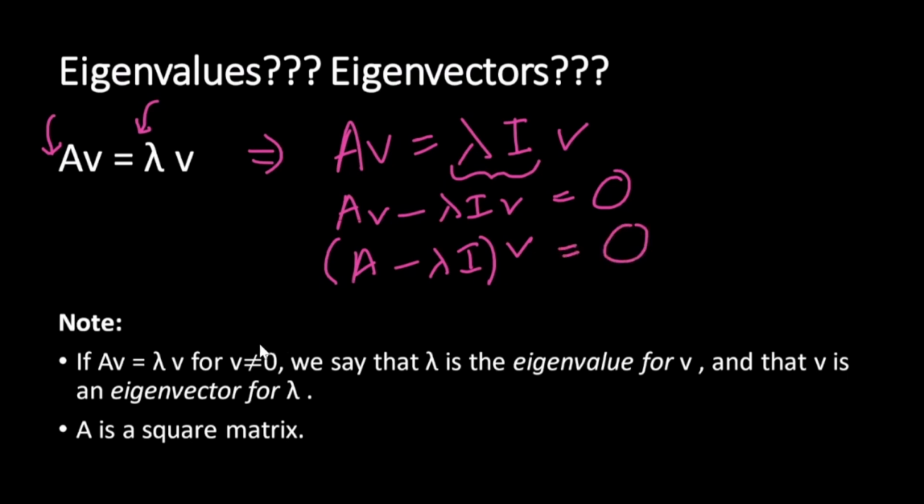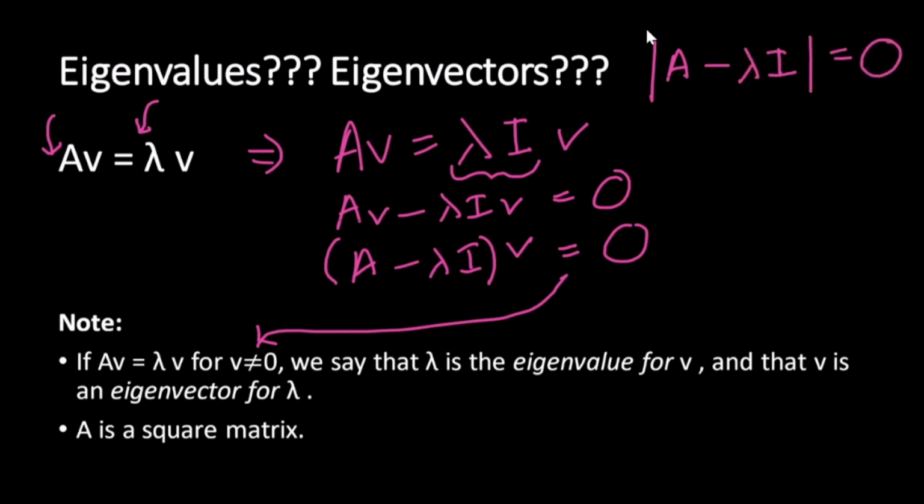Now, because V can never be 0, the fundamental theorem of linear algebra states that the determinant of A minus lambda I will be equal to 0. And so this is the basis of the polynomial method that we would discuss throughout the video.